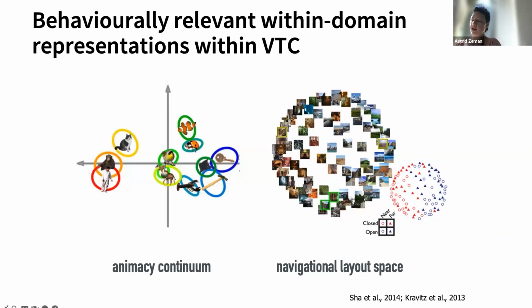So some animals are grouped together more closely than others. And there's also evidence on the right for scene spaces that are well characterized by the degree of navigational content. And this is just a couple of examples, but there are more examples of these very rich behaviourally relevant spaces in VTC.